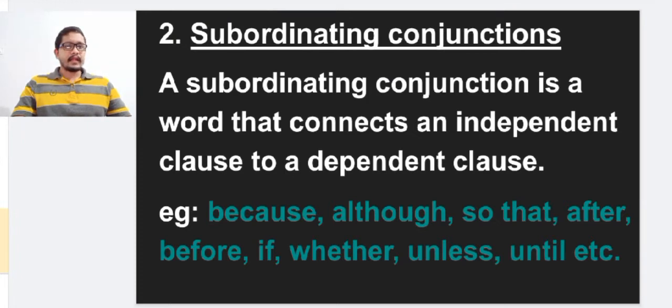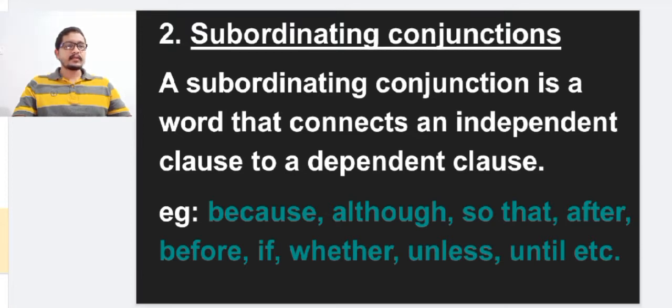A subordinating conjunction is a word that connects an independent clause to a dependent clause. So the role of a subordinating conjunction is to connect an independent clause to a dependent clause. We have already discussed what an independent clause is. An independent clause can stand alone and give a complete sense.